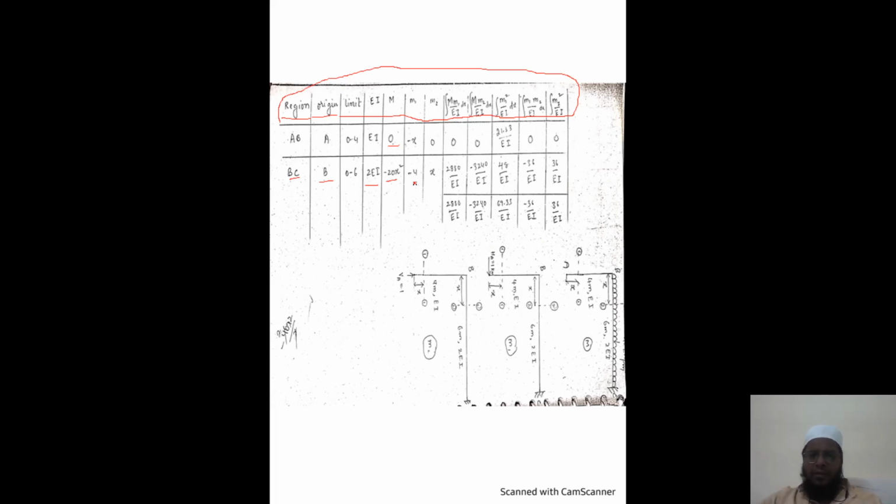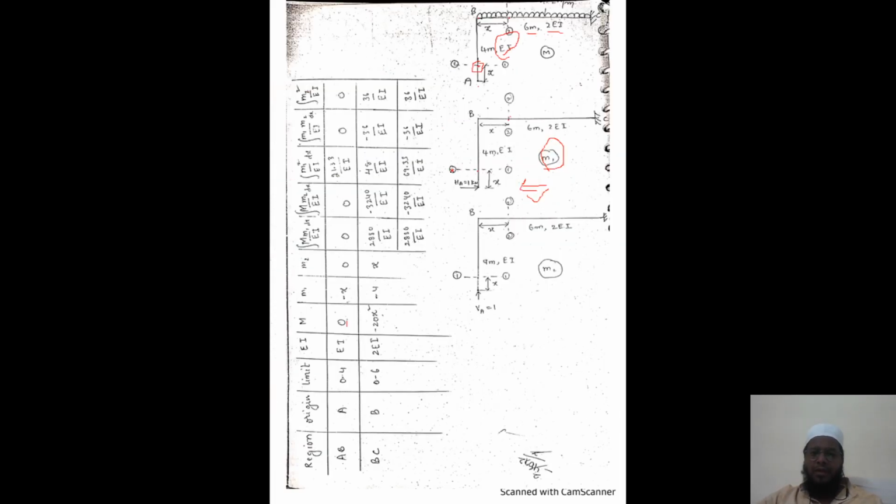Now we'll go to the M2 diagram. Our M2 diagram is written over here. In the M2 diagram, we have again removed all the external loads, and we have applied VA equal to 1 kilonewton, which is going exactly towards the section, towards this span AB.